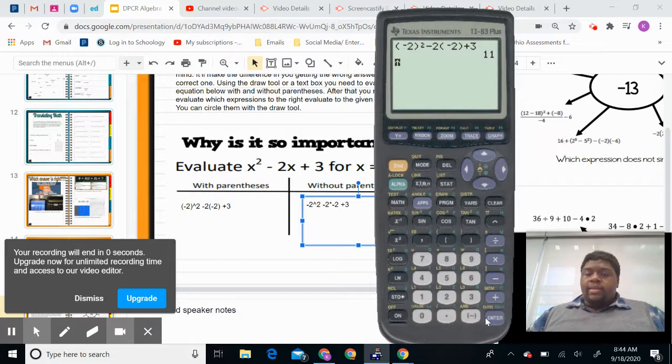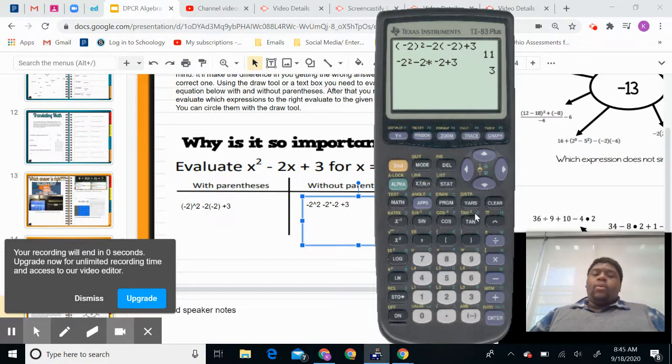So I'm going to get rid of the parentheses here. I'm going to go back and delete these. And I'm going to put a multiplication sign right here because these two are being multiplied by each other. So this is the same thing as what we have right here. Let me hit enter. I end up getting 3.